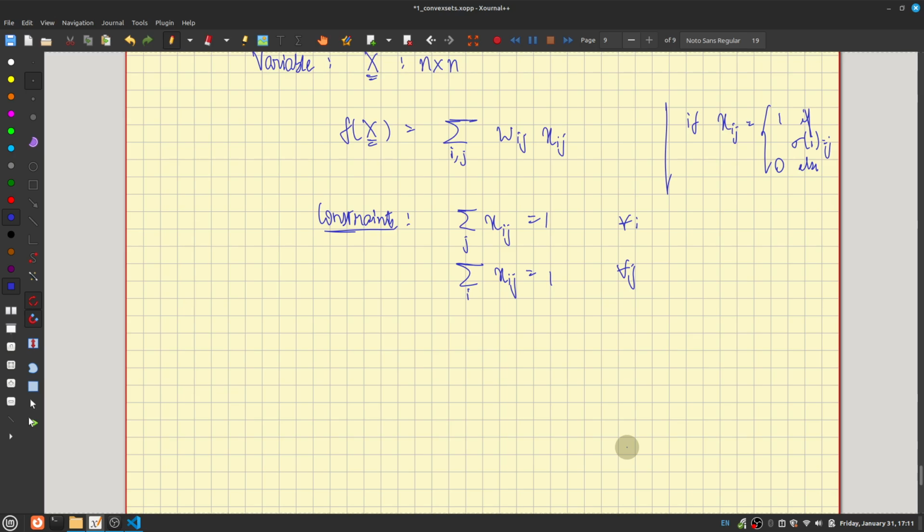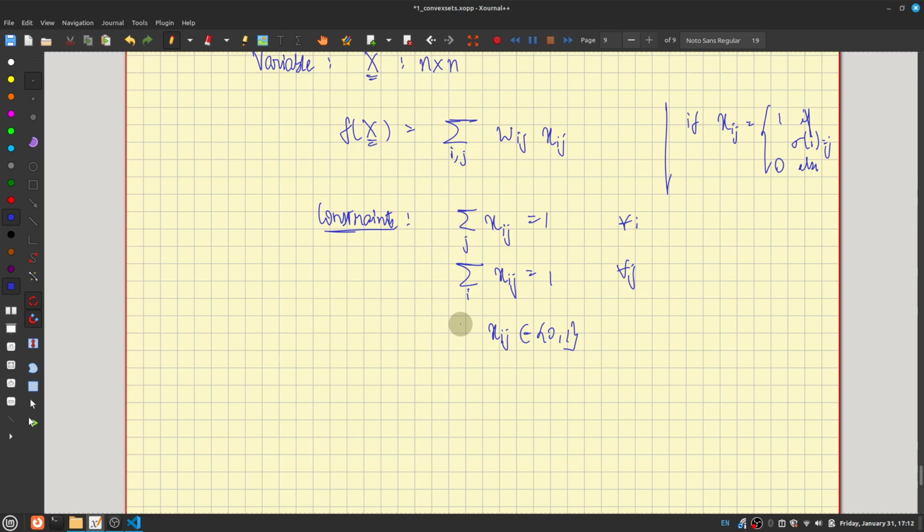And for it to be a permutation matrix, Xij should be either 0 or 1. I can't have any other restriction. I mean, this is sort of an aside. Basically, I am saying the same thing in this particular form. That's all. And I'm doing it for a very specific reason.